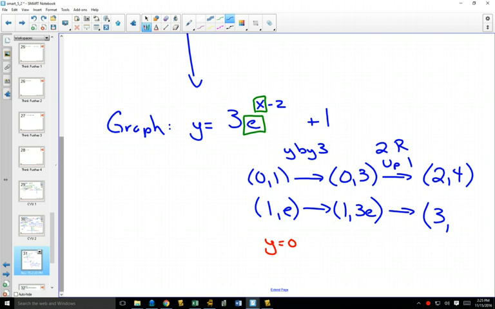Well, it won't be 4e because that would be 3e plus e. It'll just be 3e plus 1 because they're not like terms. This is the best that you could do. And our asymptote, the only thing that's going to change your asymptote at y equals 0 is if you move things up or down. And we moved it up 1, so we'll have y equals 1.